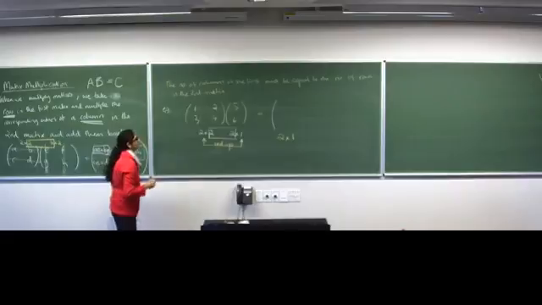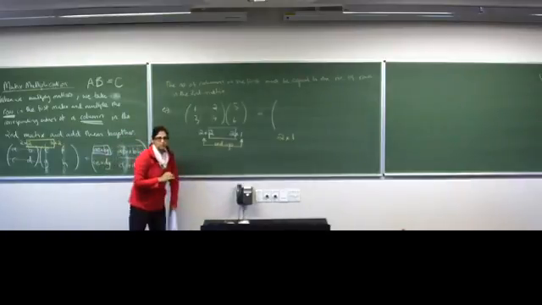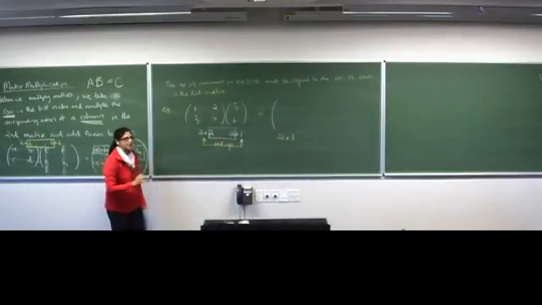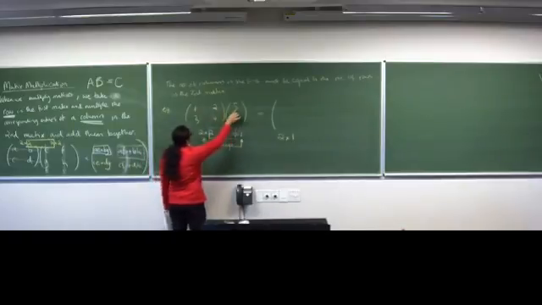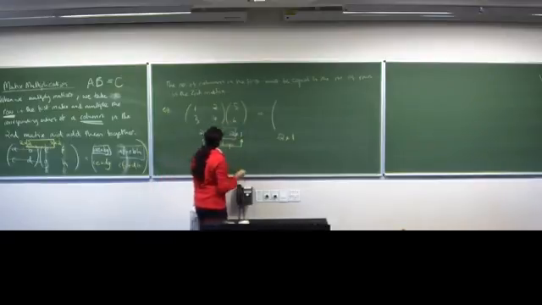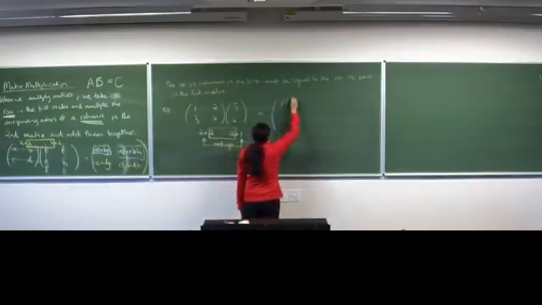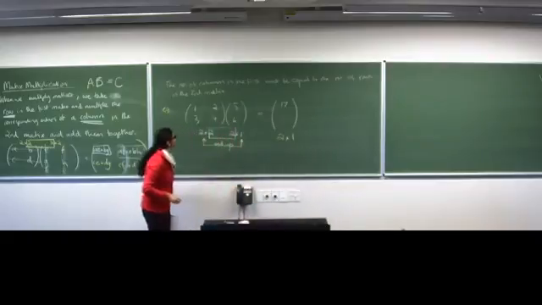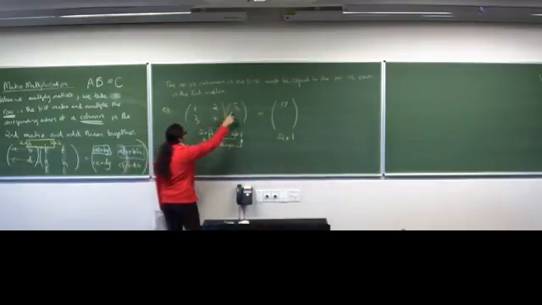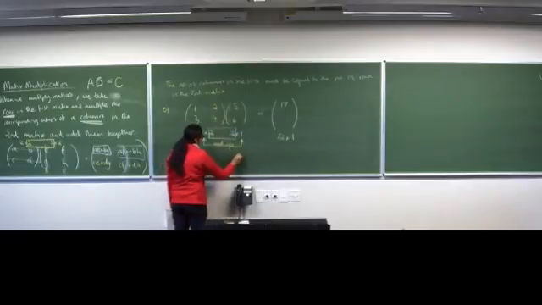Okay? Some of you have done this in school, not everyone, so just hang in there. So it's 1 times 5 plus 2 times 6. So it's 5 plus 12, which is 17. Yes? And then 3 times 5, 15, plus 24. 15 plus 24, 39.